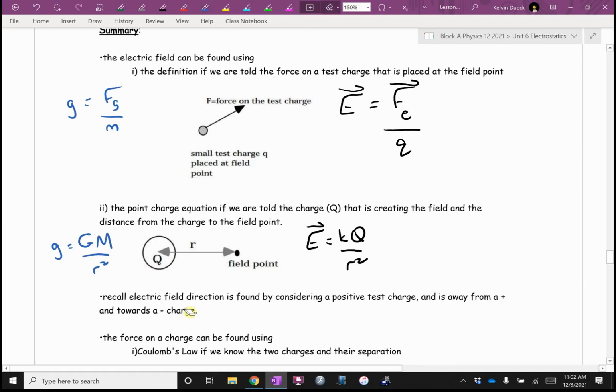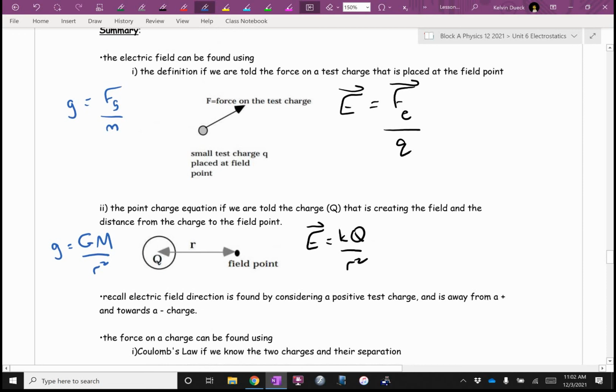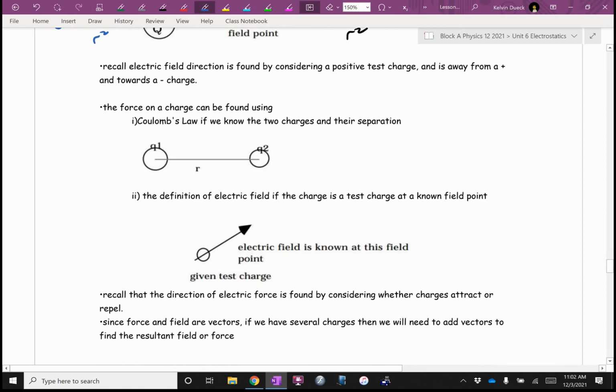We find the direction by considering a positive test charge and asking ourselves which way would a positive want to move. Good. Away from positive towards negative. That's electric field. Don't think F for field, think E for electric field. What about electric force? What's our letter for force?